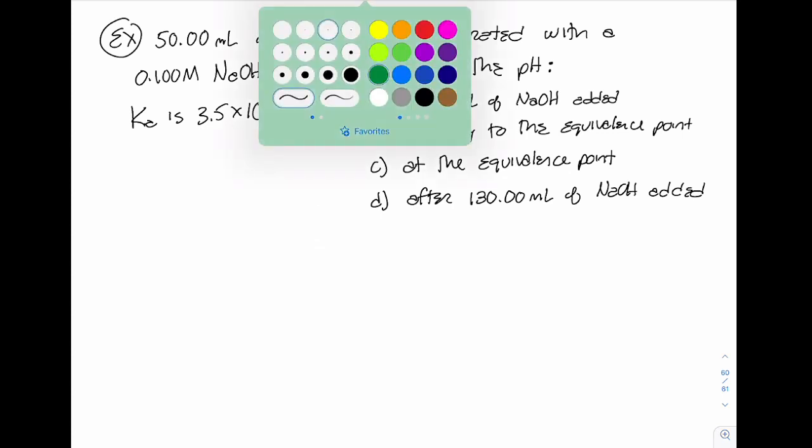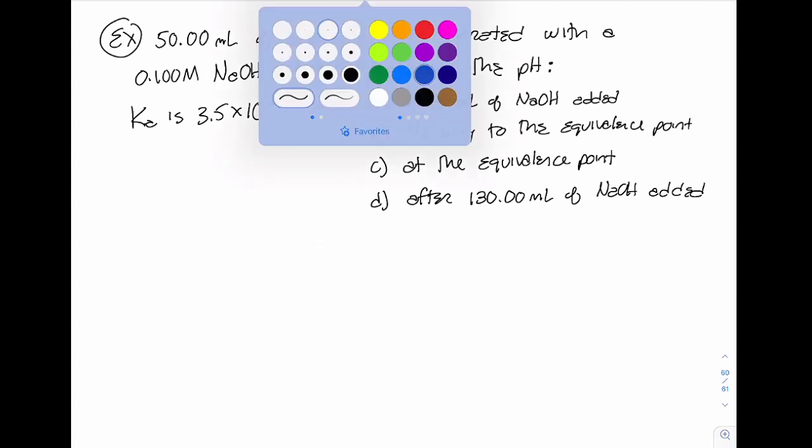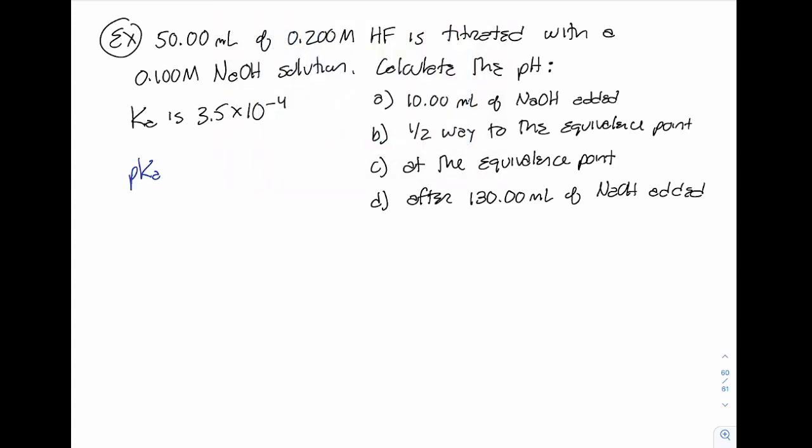Alrighty, so hopefully you guys tried that. The first thing I'm going to do is calculate my pKa. You didn't have to do that right away, but I know I'm going to need it. I'm going to use the Henderson-Hasselbalch equation whenever I have a buffer solution. I know that my pKa is going to be the negative log of my Ka.